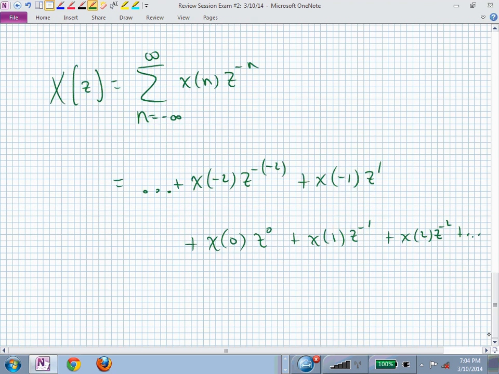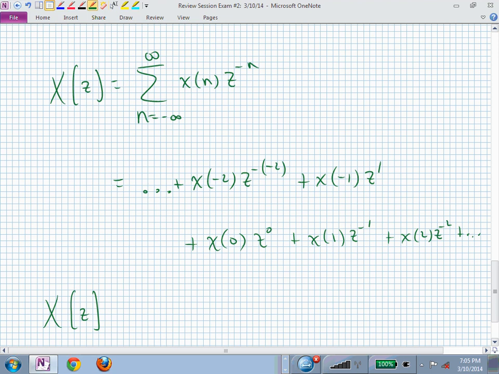What we know is that these regions of convergence give us values of z where this expression for capital X of z has to be well behaved.